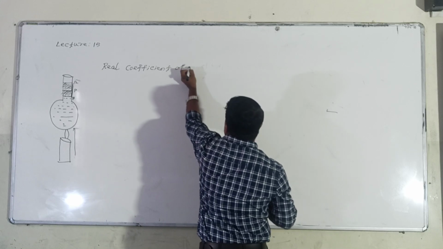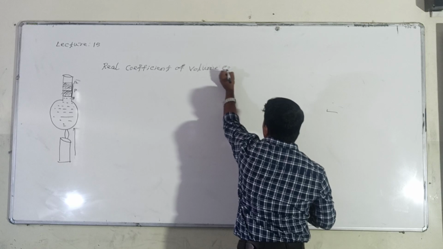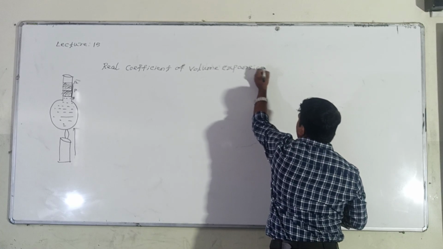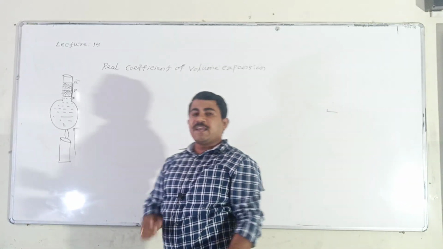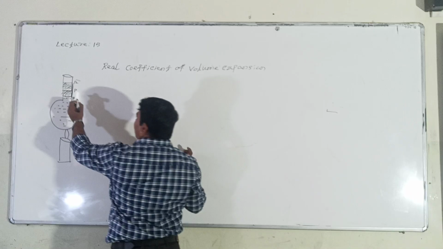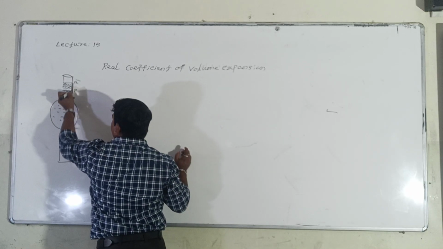See here, real means from where to where the liquid rises. The liquid rises from this point to this point. This is nothing but the real expansion of the liquid.